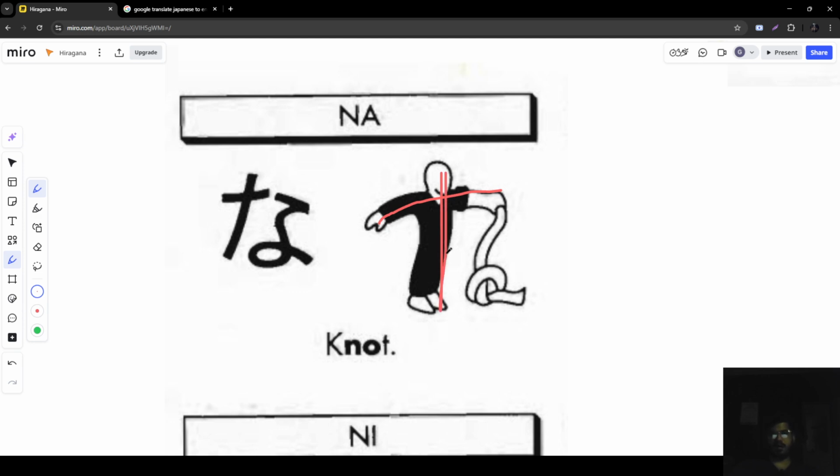This is this person and this is the not. But don't remember it as note. It's not, because it has to go with na. So you have to remember it as not.